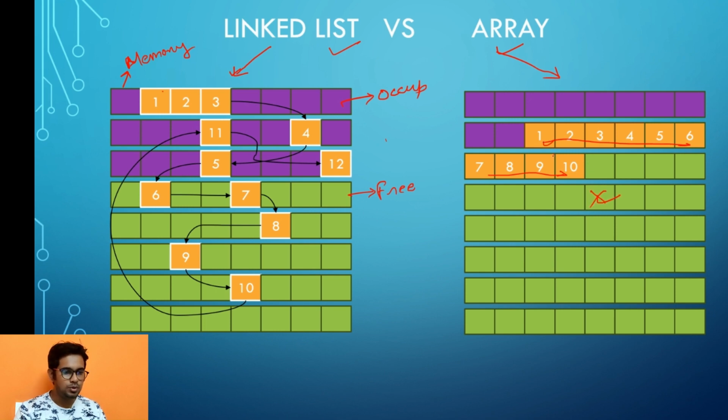And if you don't have enough consecutive space, suppose you need 11 elements in total, but all these are blocked in such a way that you have again 3 free here and again one free here, but still you cannot increase this size from 10 to 11 because you are not getting consecutive 11 in any memory location, and this will give you an error, like memory out of stack, overflow will be there, right? Because you don't have memory to allocate.